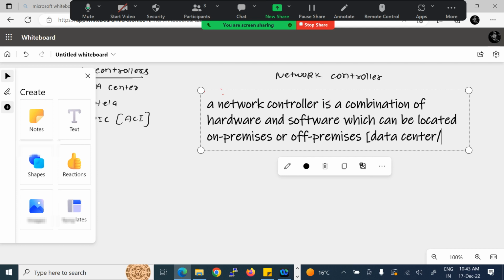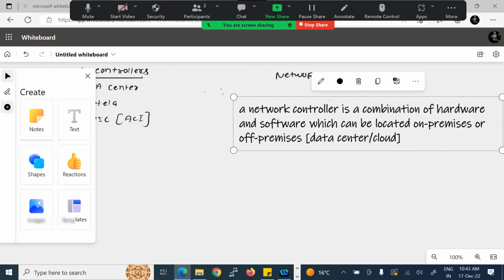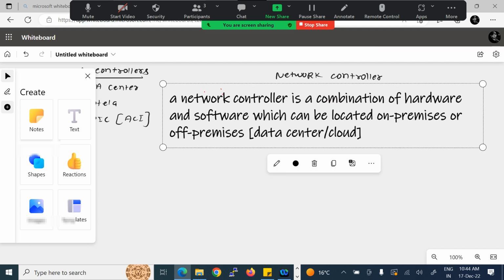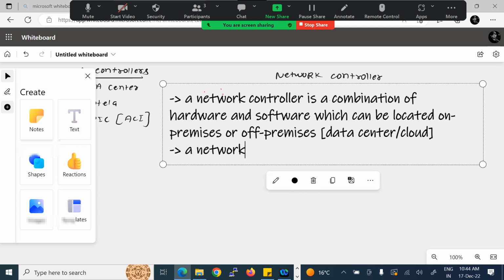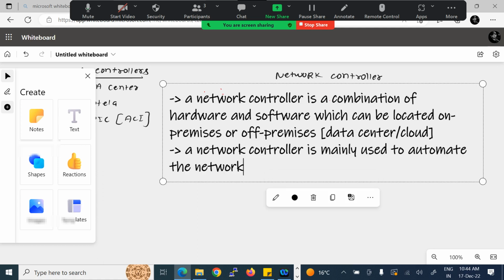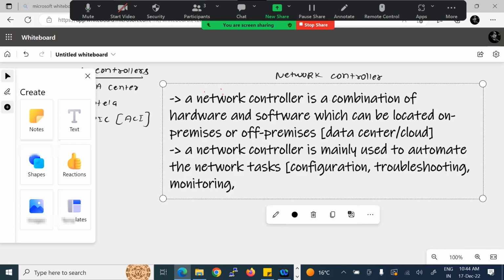You can say in a data center or on the cloud. A network controller is mainly used to automate network tasks like configuration, troubleshooting, monitoring, analytics, etc.